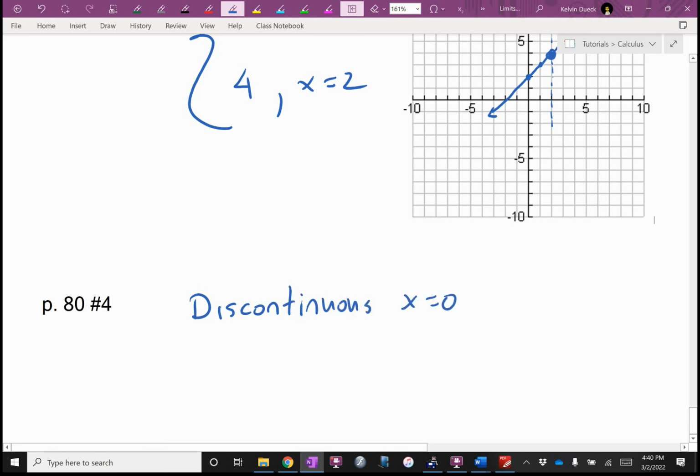Yeah, see it? Is that okay, Sarah? Where else? Where's the next one? Where else? I think x equals 2.